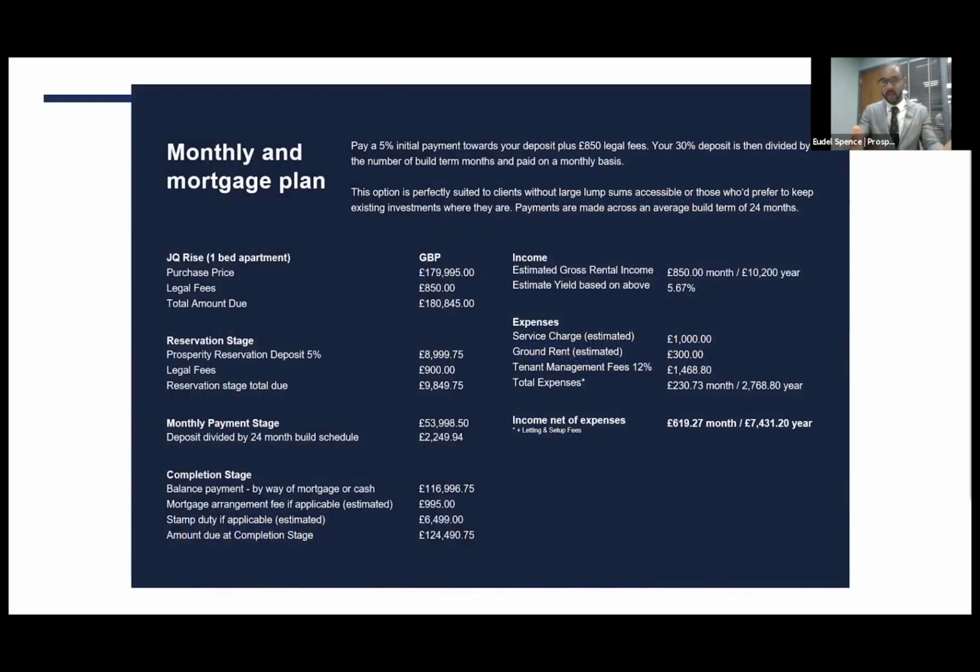We typically have these example breakdowns just to show people how unique and how easy it is to get into something like this. One of the things I always highlight is, when we're helping clients place that 5% reservation deposit at the reservation stage, you've locked in this top headline value.